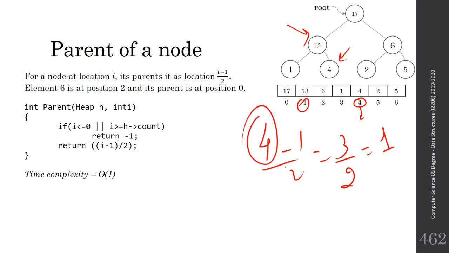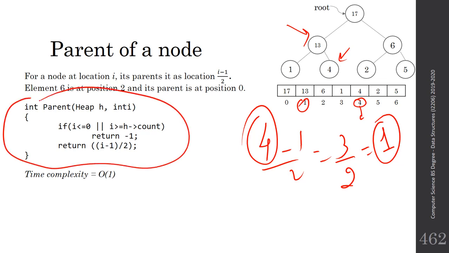So we can find the parent of 4 at index 1. You can try all this, or you can use this function. If I want to find the parent of index i, I just need to return (i minus 1) over 2.